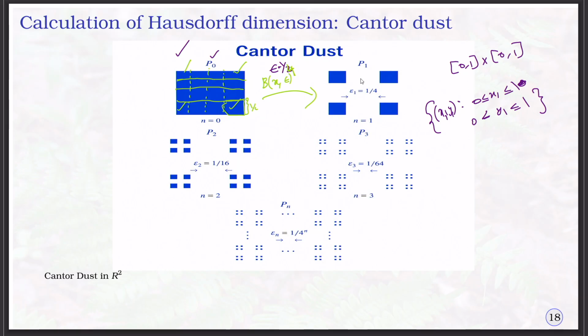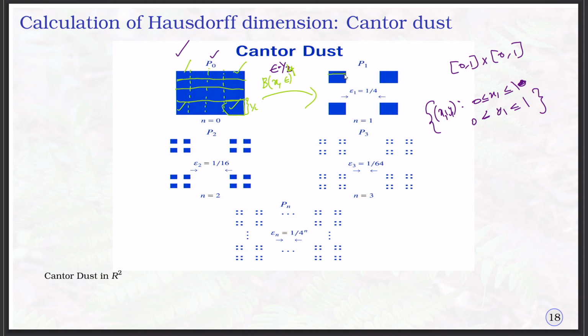Now, again each subsquare we can divide into 16 parts and remove all but the corner ones. So, in that case epsilon 1 is 1 by 4, epsilon 2 is 1 by 16.